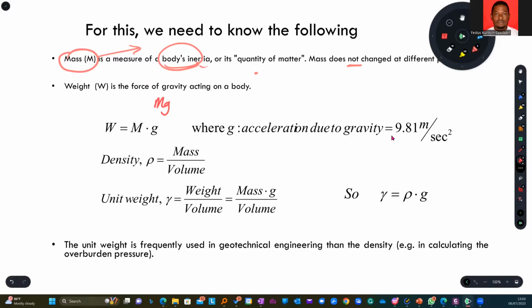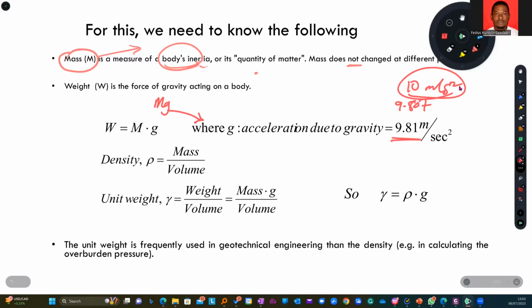And so we need to understand that this is a constant which we know from our basic education, that it is 9.81 meters per second square, or sometimes you may have it as 9.807. Other times too, we can round it up to 10 meters per second square. So one should take note of these.